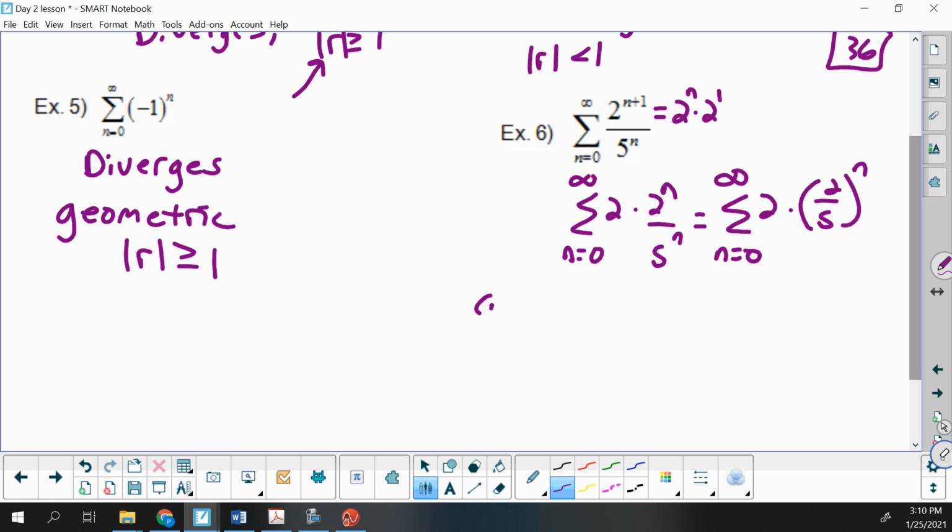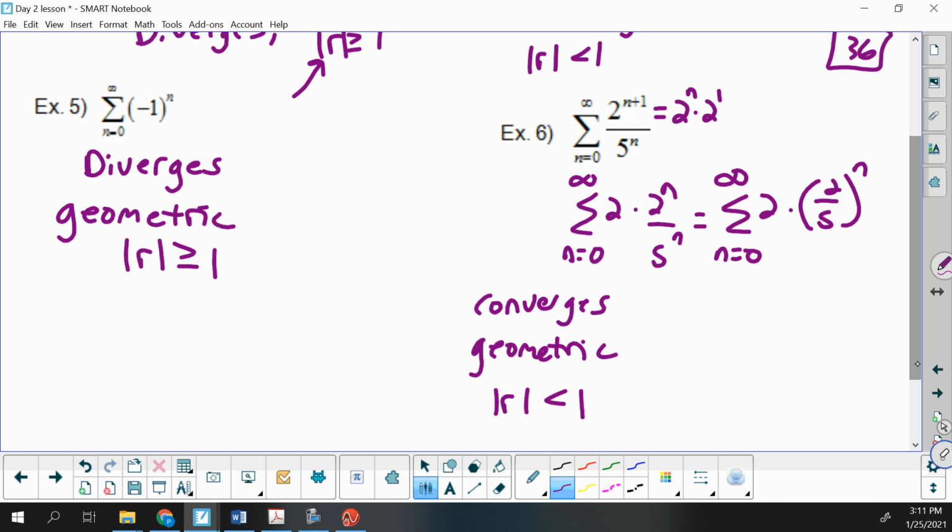So this would converge because it's geometric and the absolute value of r is less than 1. And because of that, we can find the sum.